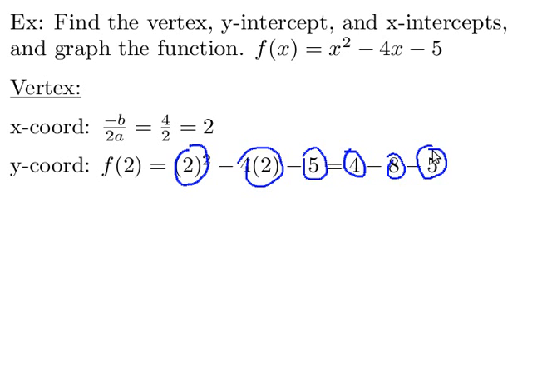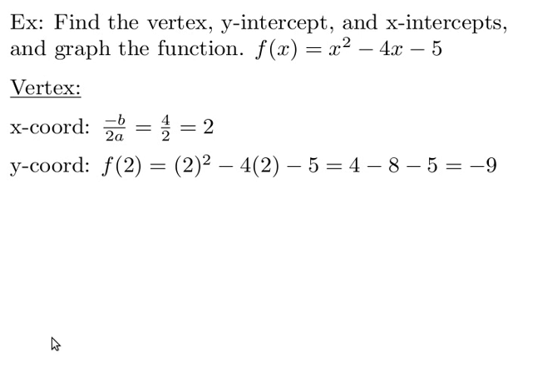We haven't done anything to that. So positive 4 minus 8 will give you negative 4, minus 5 equals negative 9. So our x-coordinate is going to be 2, and our y-coordinate is going to be negative 9.